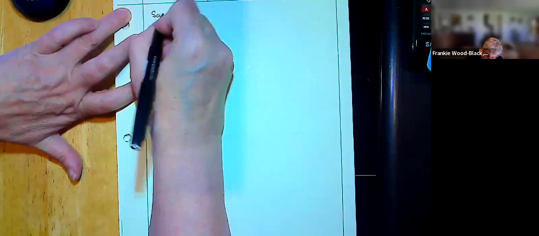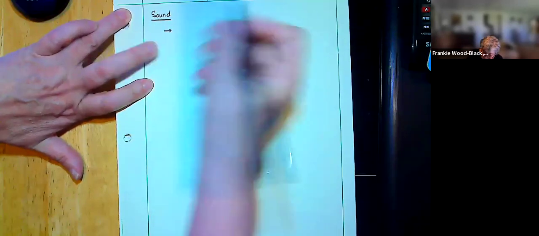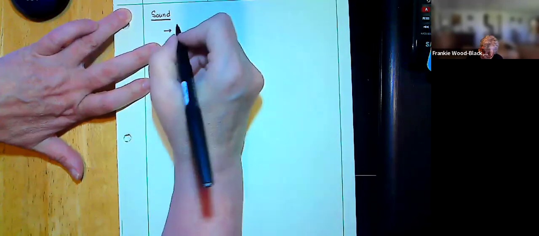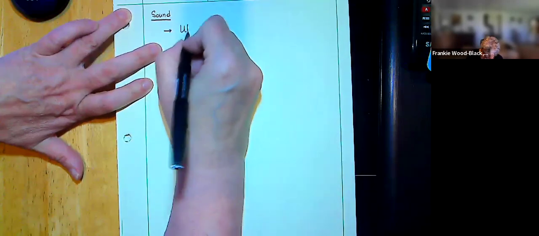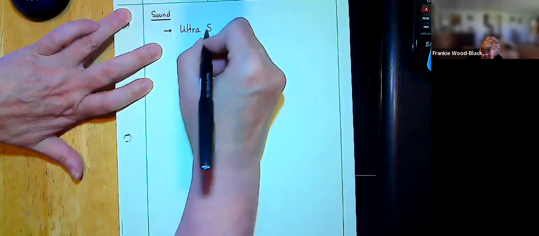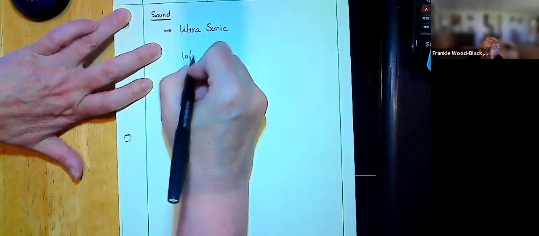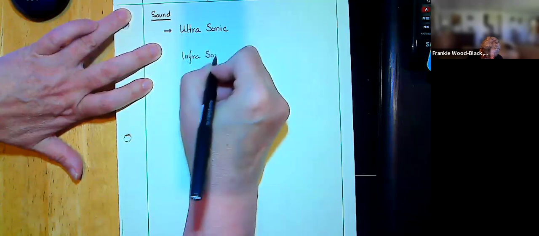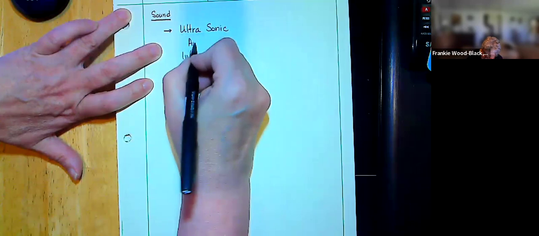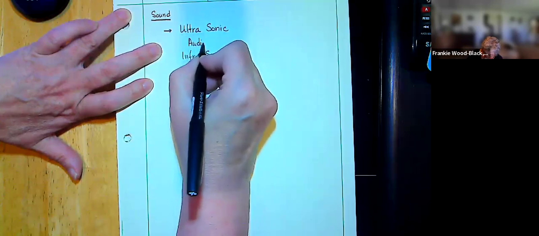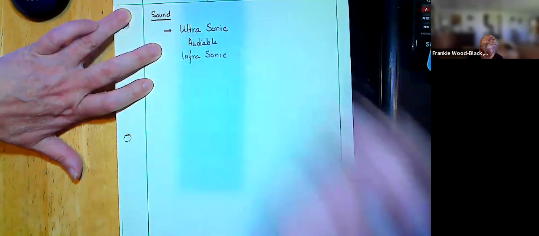So let's talk about sound has certain properties. If we think about sound, we use the terms ultrasonic, infrasonic, audible, and probably misspelled it.